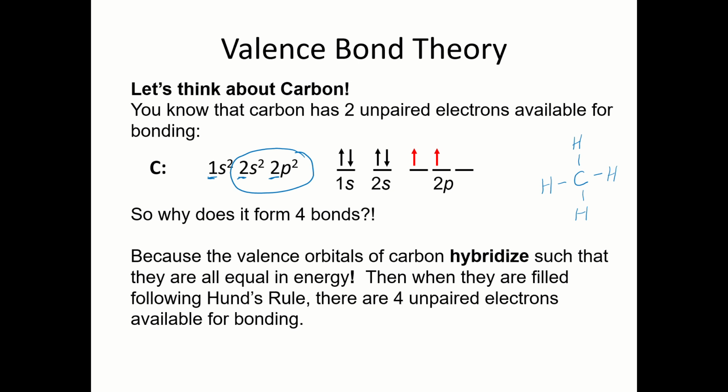And so the 2s2 and the 2p2, all of those represent your valence orbitals. And those superscript 2's tell you the number of electrons in each type of orbital. So we have a total of 4 valence electrons in carbon. Okay, and so what we're going to do is hybridize the 2s orbital along with all 3 of the 2p orbitals.